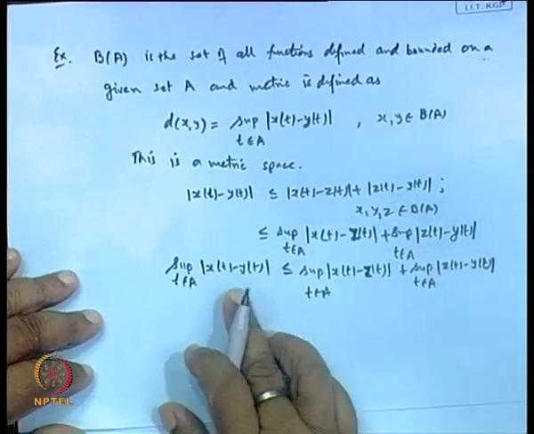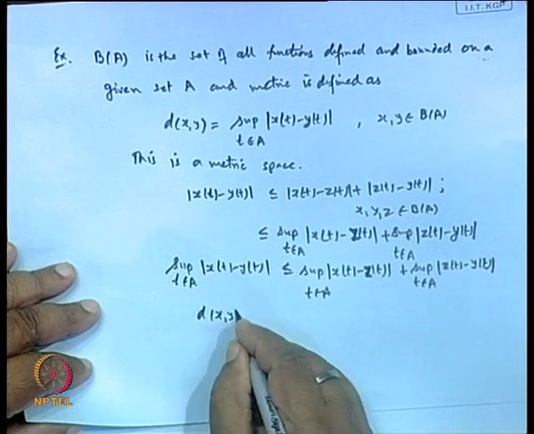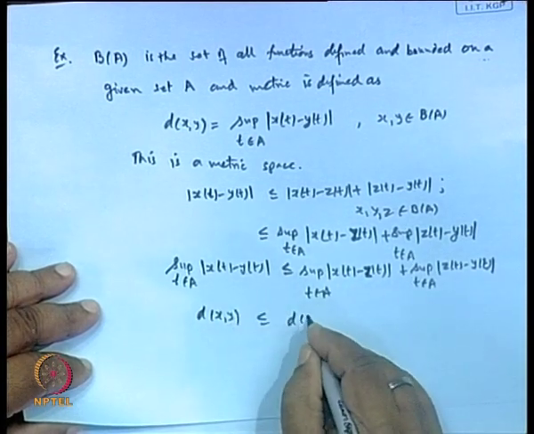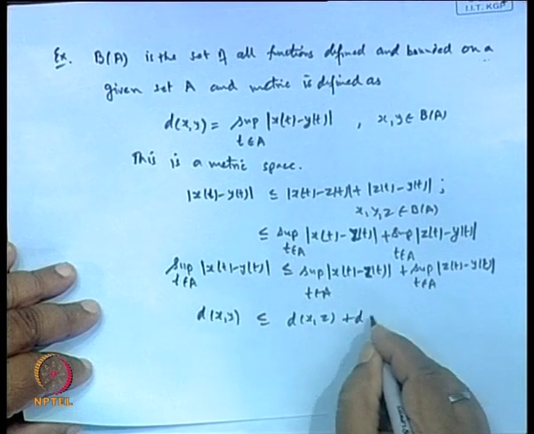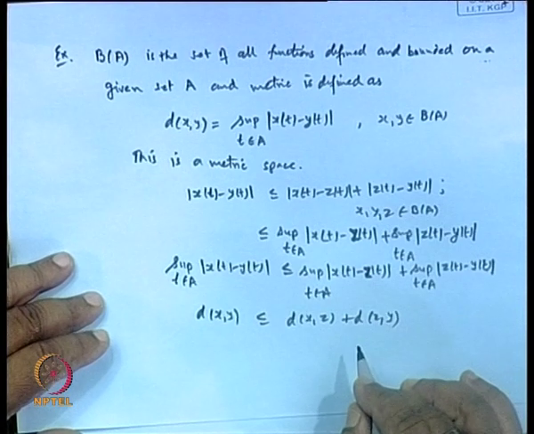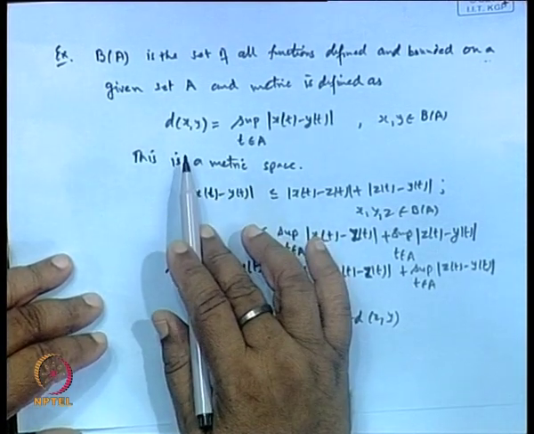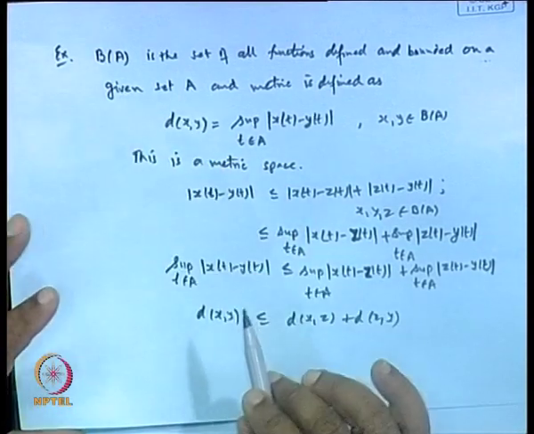Now, this is basically the distance between x and y, this is the distance between x and z, and this is the distance between z and y. So, the triangular inequality is satisfied for this function d. Therefore, B of A will be a metric space.